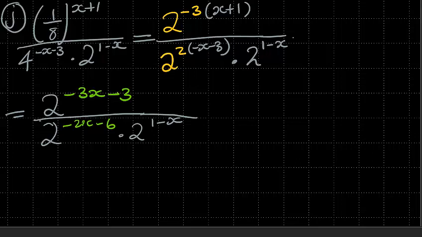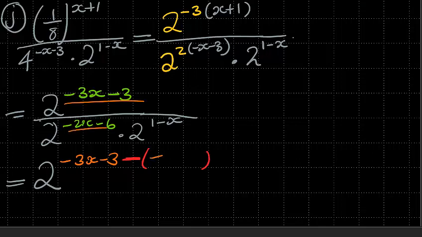Okay, so now I've got the same base. My base is 2, and I'm going to deal with my exponents. So on the top, I have minus 3x minus 3. Then I am going to subtract, which means at the bottom I have brackets. My first bracket is going to be this one, minus 2x minus 6.